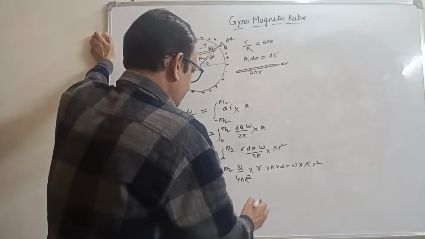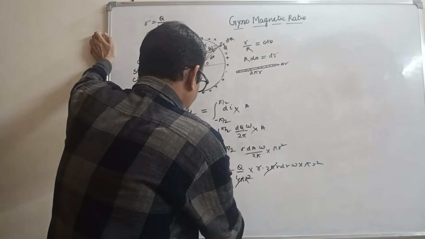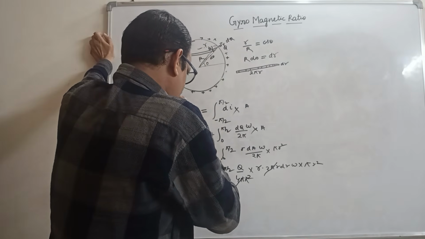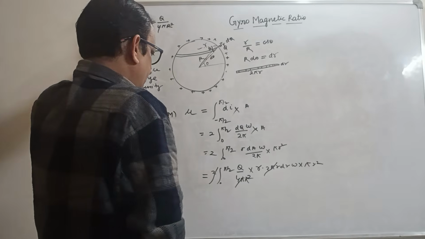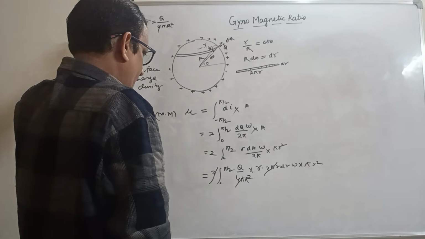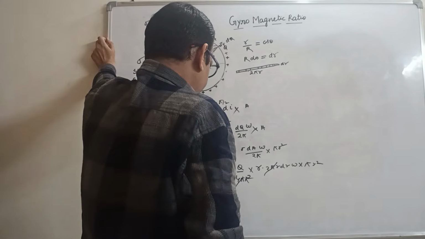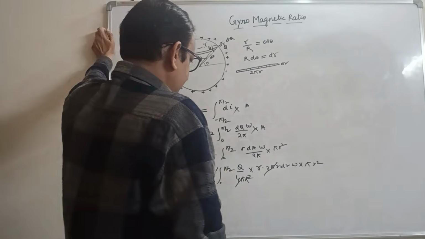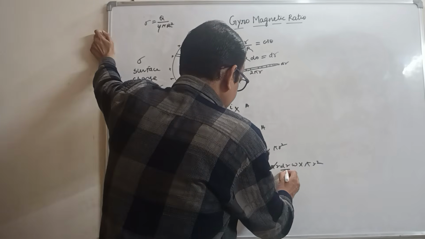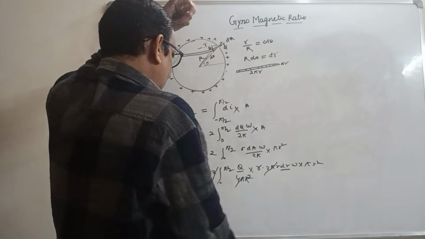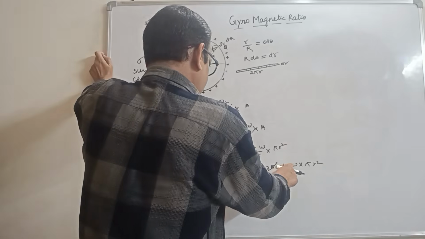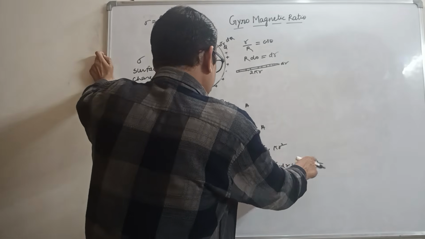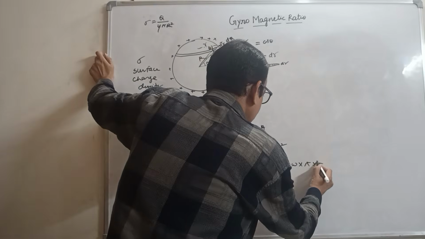So 2 pi, 2 cancel. And dr is equal to R d theta. Here the powers of r combine to r raised to power 4.